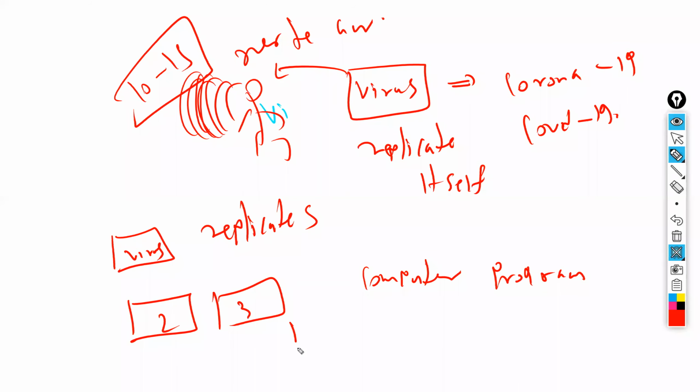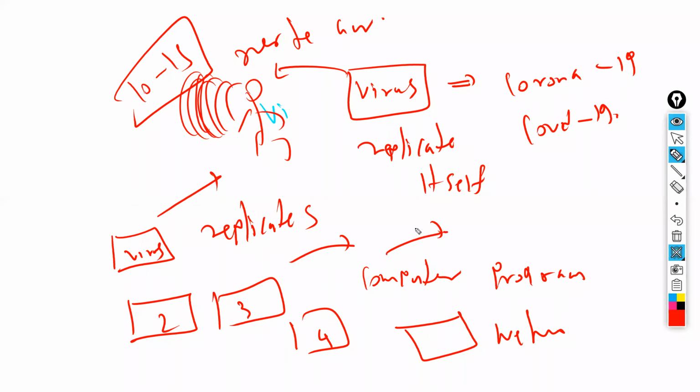Virus 2, 3, 4, and they can even spread over the network and over the data. Got it? That is the common behavior of the computer virus. It can replicate itself and spread all over the computer locations. Got it?